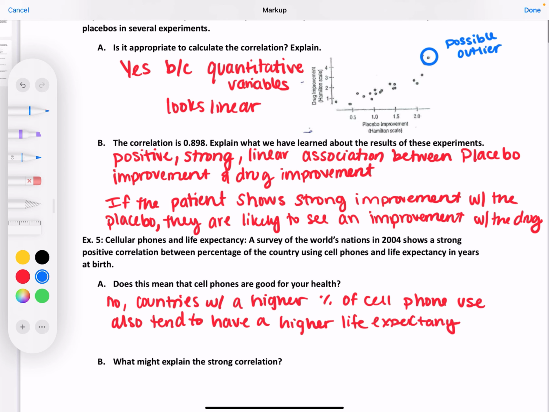But the big thing here is that correlation does not equal causation.